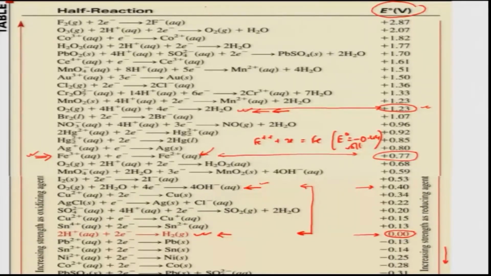If I write the Nernst equation, E equal to E0 plus RT by nF ln of a_ox by a_red. In this case, this one and this one will always be 1 when we talk about standard reduction potential. So, for example, if I consider this particular situation, the activity of this and the activity of this will be 1, then only we can achieve this potential.